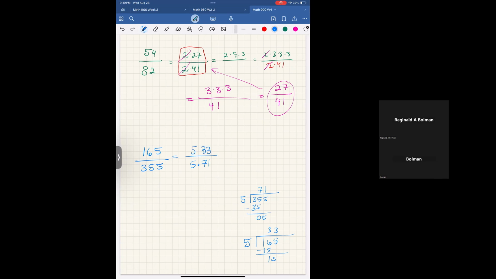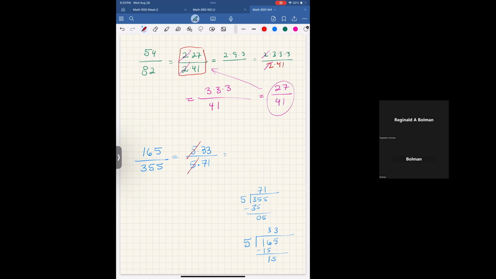I will go ahead and check to see that 71 is prime. I believe it's prime. It is, in fact, prime. Okay. So we'll stop at this step.